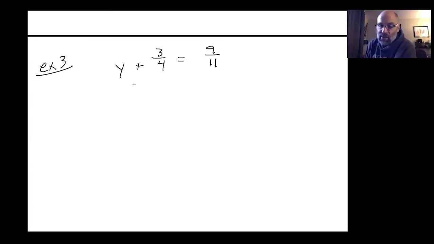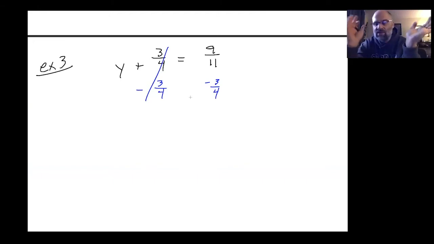So your goal is to get y by itself. So it's this guy, he's hanging out with y. To get rid of him, you do the opposite of his superpower. His superpower is addition. So to get rid of him, you have to subtract it. Whatever you do to one side, make sure you do to the other. You should get in the habit of doing this. Be a little bit OCD with this. So whatever you do to one side, make sure it looks the same on the other side. Okay?